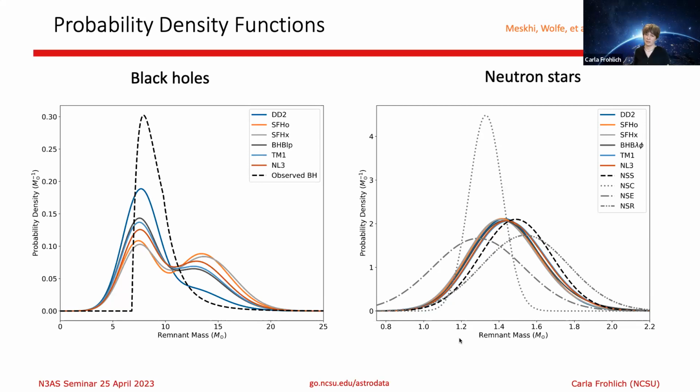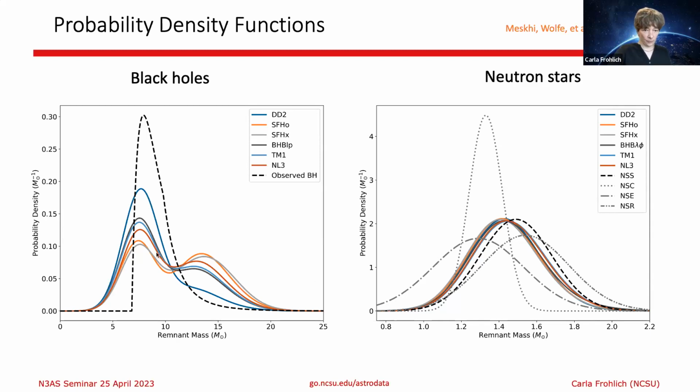PUSH inherently simulates isolated stars. So we felt neutron stars that are in a binary with a non-compact object might be the closest to what we're simulating. And so we computed the distance between our computed curves and this black dashed line. The colored lines are the inferred distributions from our simulations per equation of state.